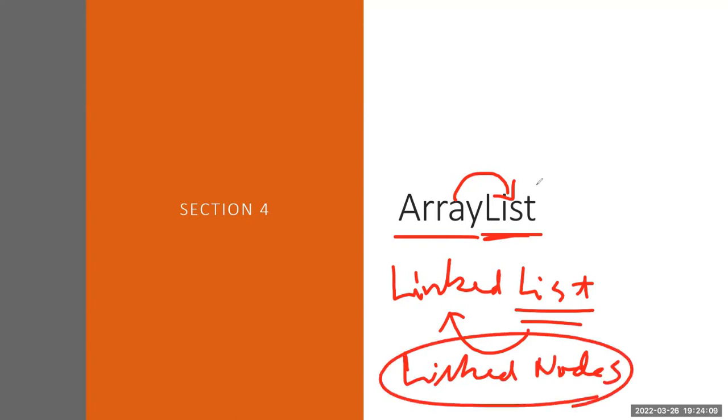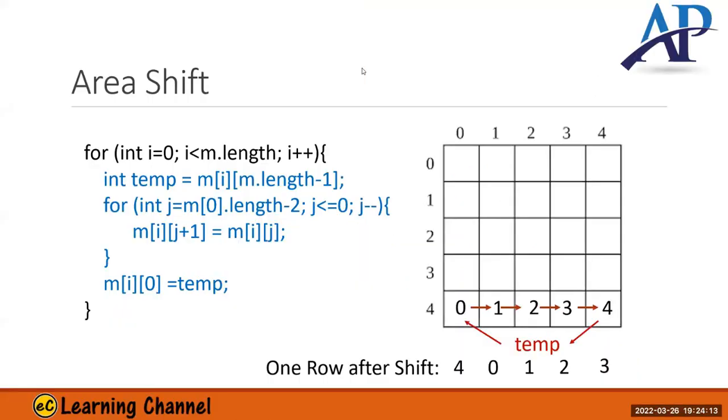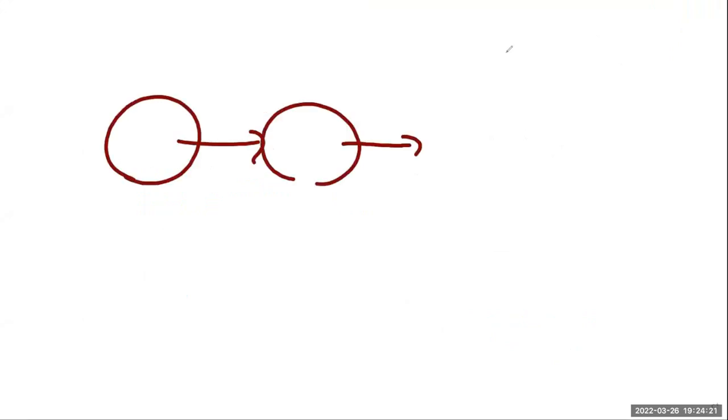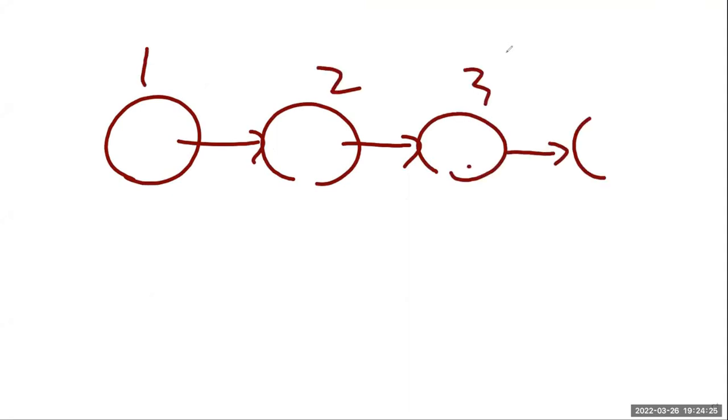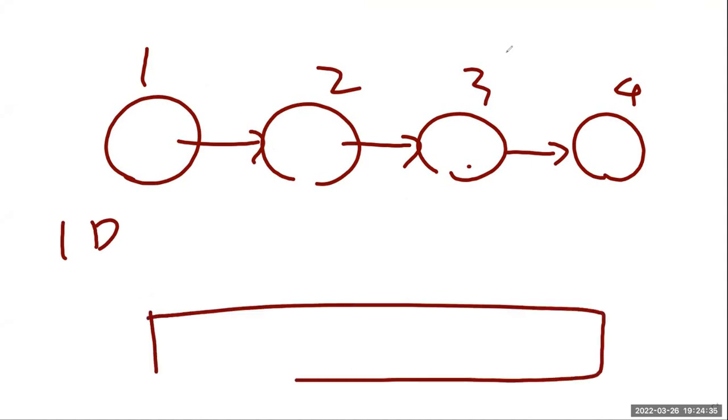But first let's look at what is list. A list is a data that links with the next data and then links with the next data. So you have 1, 2, 3, and then 4. Assume that this is the list. So this is actually one-dimensional data. The difference between this and array is array has fixed size.